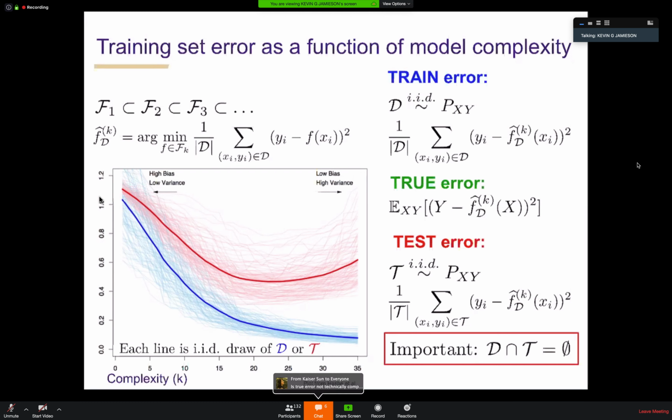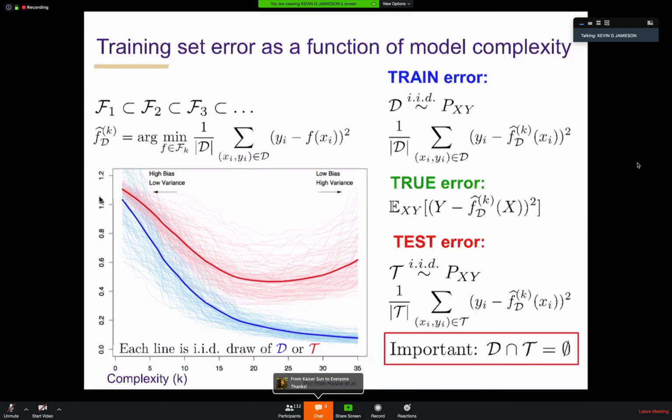And so what we say is the training error is an optimistic look at the true error of your estimator. Meaning if you train some function f hat and you evaluate it on the training data set that you used to learn f hat, that's going to be very optimistic. Your error is going to be much lower than the true error of f hat. And the test error will be unbiased.